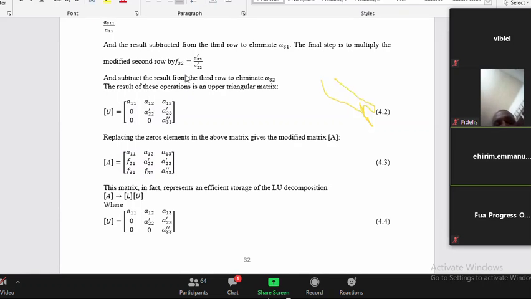We put the factors, you can see the factors, A32 over A22, A21 over A11, A31 over A11. Those are the factors here. So F21, F31, we put the factors here. We will get the values when we start working with the examples. So this is how the matrix now looks.